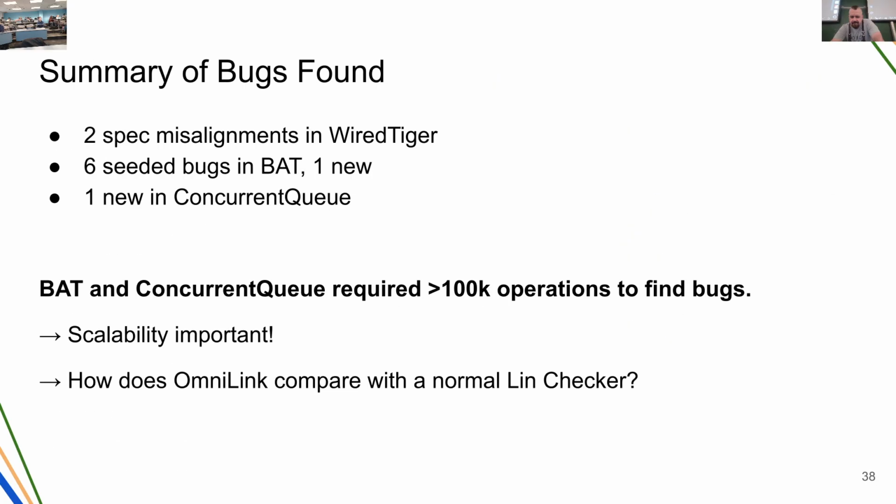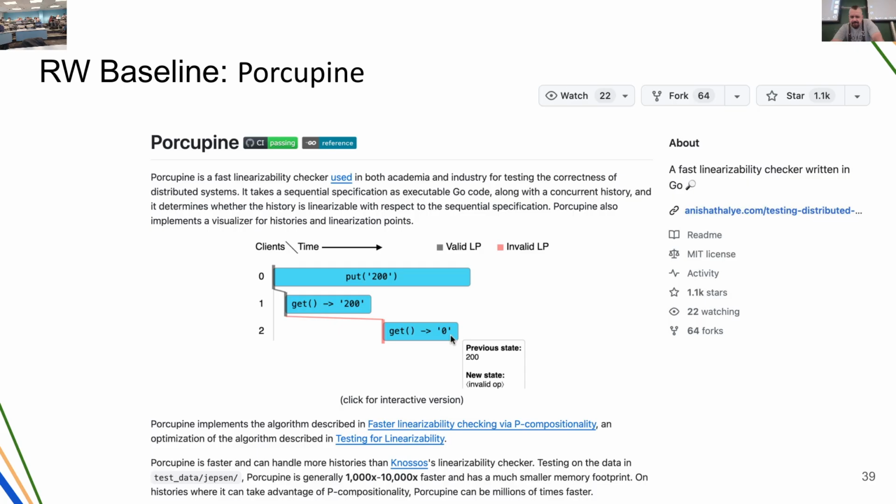And in summary, we found this type of thing. And also, we wanted to check linearizability checkers, those are a thing. You can download them. There's this thing called Porcupine. If you ever want to check some Go code, this is a real project. Again, it's actually quite popular.